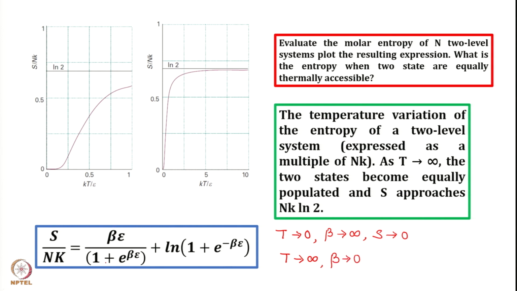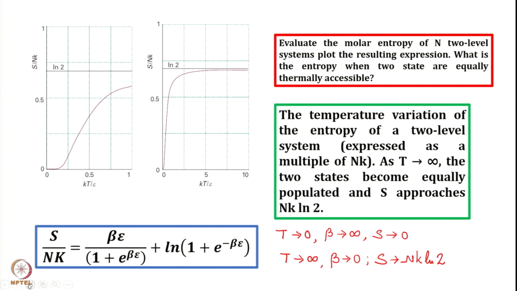So this first factor becomes 0, and this exponential of 0 becomes 1. So log 1 plus 1, then you have 2. So when beta approaches 0, this first term is 0 and then log 2. S by Nk is equal to log 2. That means S approaches a value of Nk log 2.